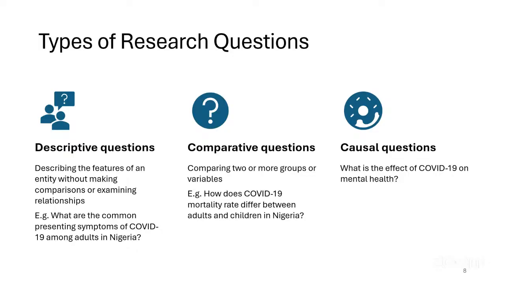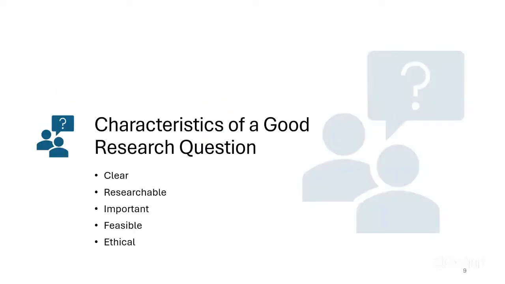So having said this, we'll quickly look at the characteristics of a good research question. Firstly, it must be clear, and I will give you examples of this. Secondly, it must be researchable. Thirdly, it must be an important question. Fourthly, it must be feasible.